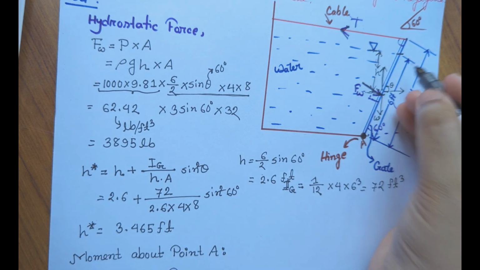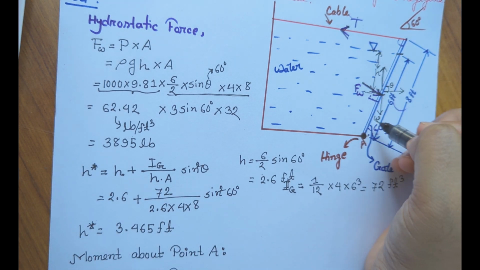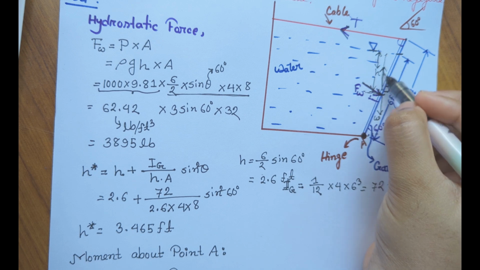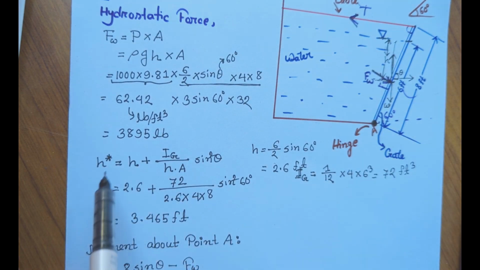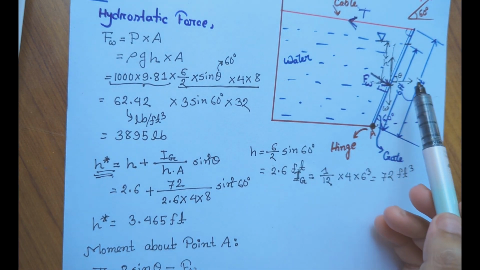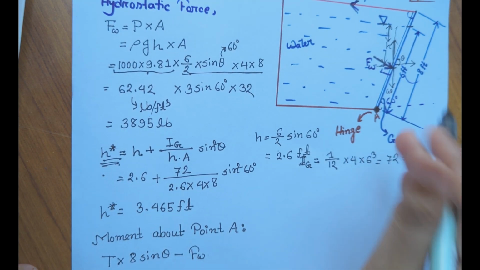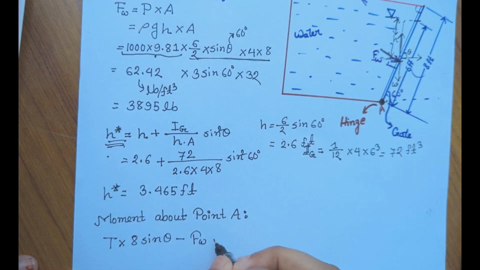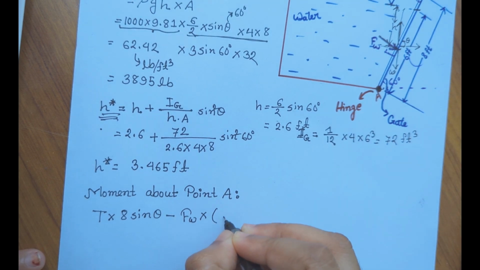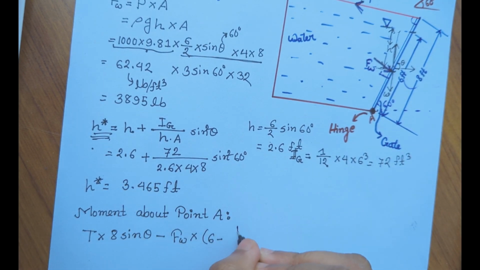Our total water surface is 6 feet, and the point where our hydrostatic force acts is H star. So if we subtract this H star from the total distance 6, we get this shortest distance, 6 minus H star.